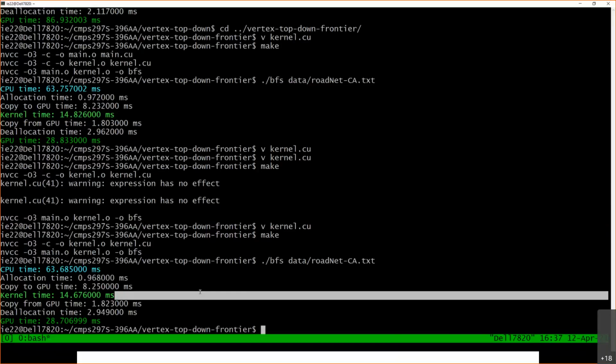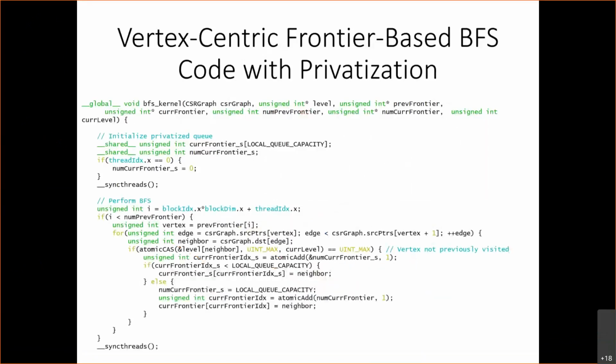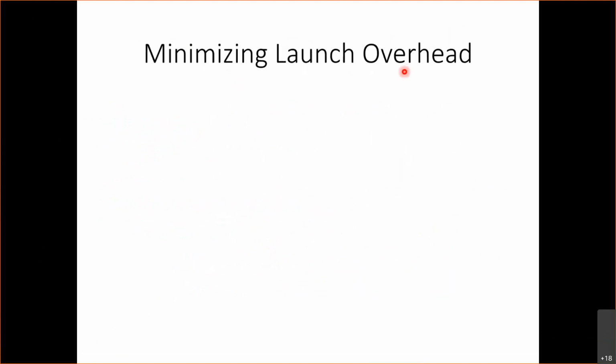All right, so having seen this, let's go back. So here, this is the code that we wrote. This is the continuation of it. So, minimizing launch overhead. One thing that we've been doing so far is calling a kernel for every level, and the reason is that we need to synchronize across all the threads on each iteration.